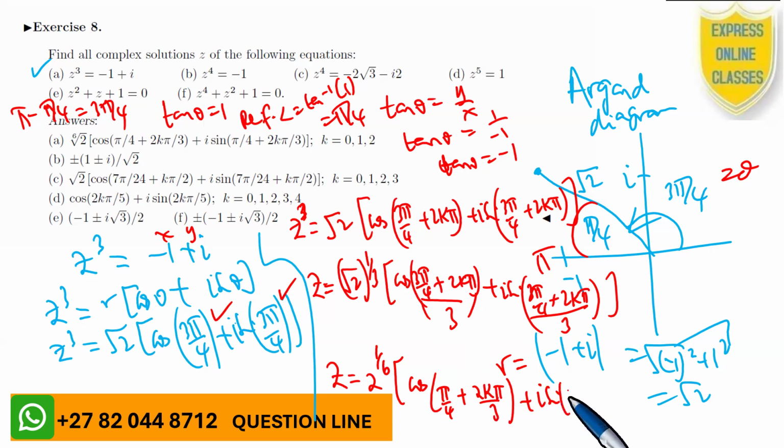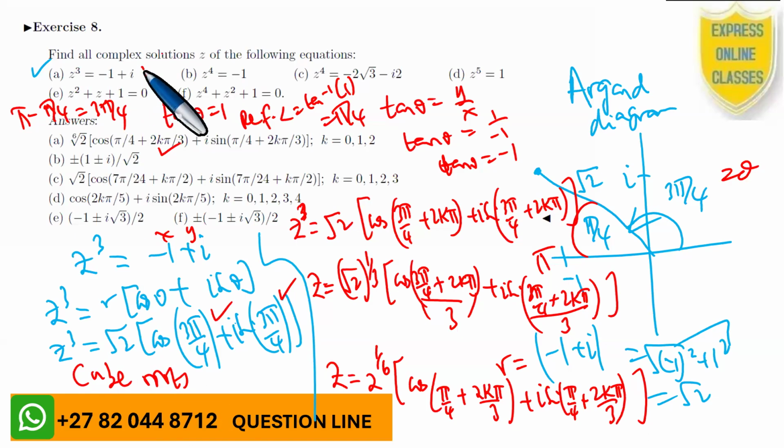Plus i, the sine of pi over 4 plus 2k pi over 3, which is exactly this. Okay, because it's z to the power 3, you're finding the cube roots. You're finding the cube roots of this number, minus 1 plus i, cube roots of that complex number.